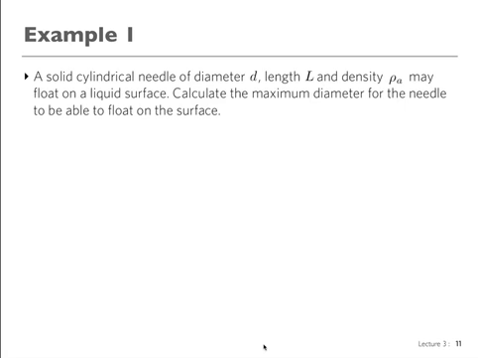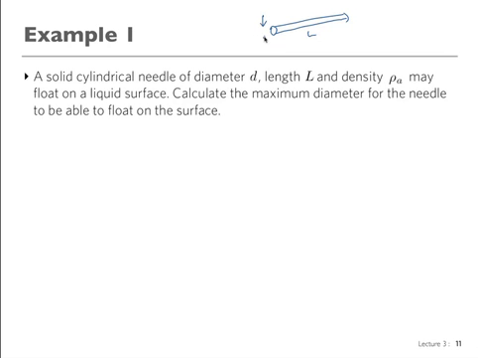So imagine we have, like the case of the paperclip, a solid cylindrical needle of diameter D and length L. And the length is quite long, it's not said, but we imagine the paperclip situation, but we're just looking at one long cylinder.